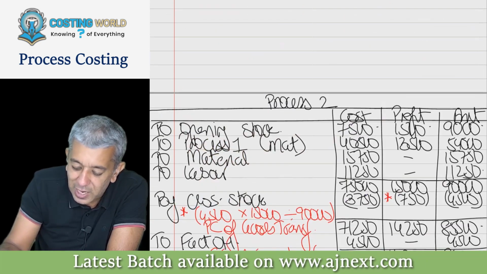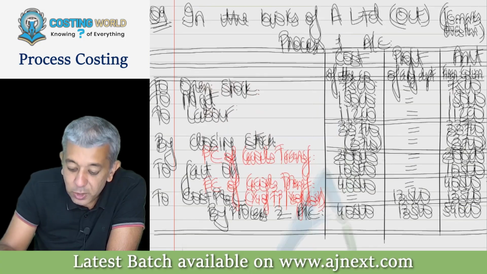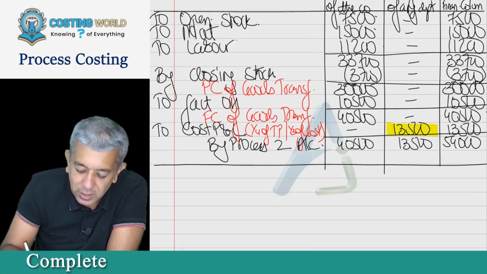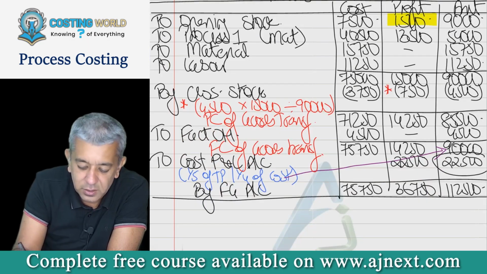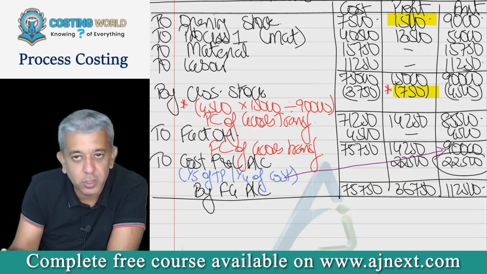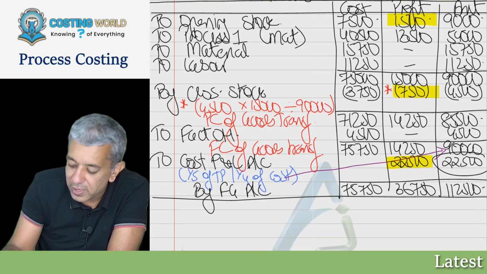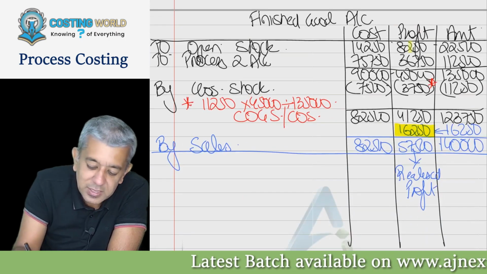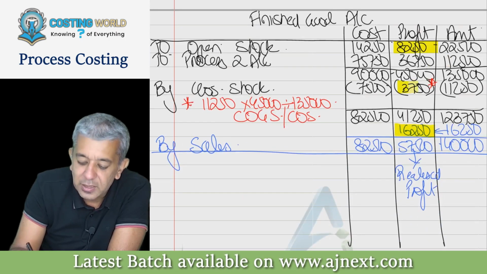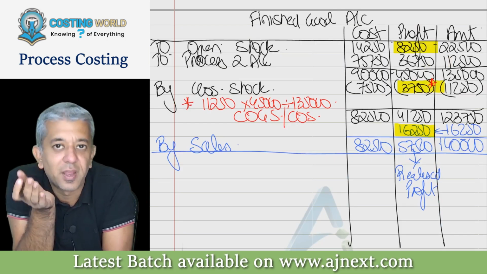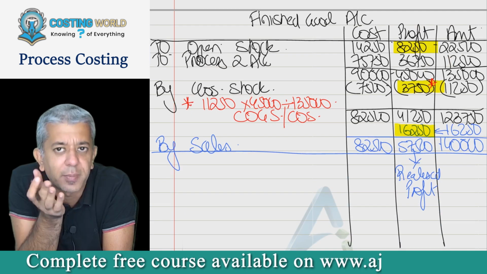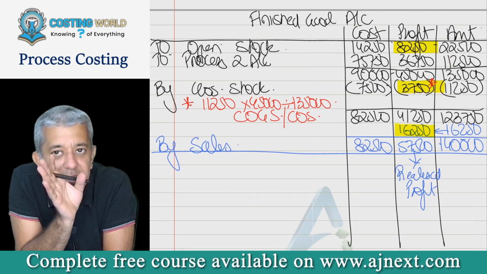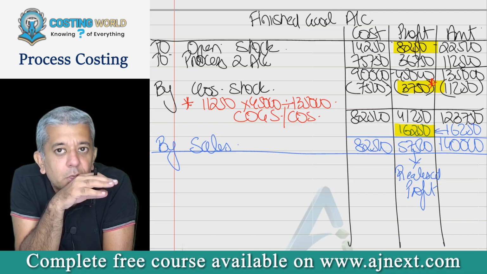If I start from the beginning, in your costing P&L account, 13,500 I wrote on the credit side. This I wrote on the credit side. After that, this I wrote on the debit side. This I wrote on the credit side. This I wrote on the credit side. This I wrote on the debit side. So whenever I added something, I put it on the credit side. Whenever I subtracted something, I put it on the debit side. So ultimately your profit column is nothing but your costing P&L account only. You all understood this?